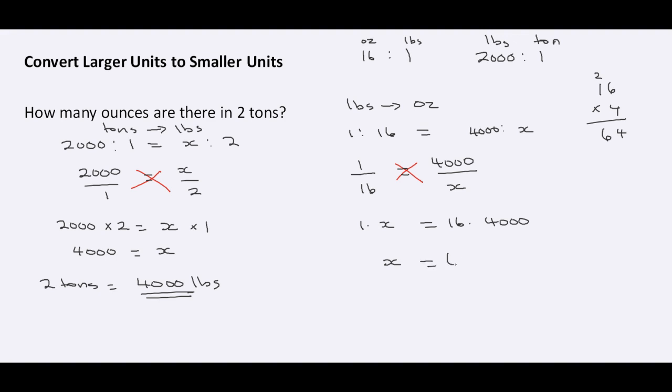So we have 64, and then we have 3 zeros. So 64,000. So what this means to us is that 4,000 pounds is equal to 64,000 ounces. So therefore, 2 tons equal to 64,000 ounces.